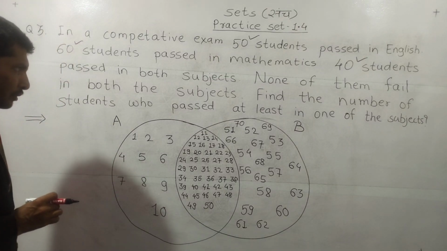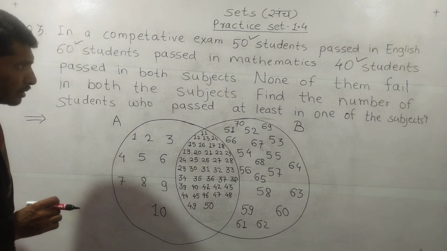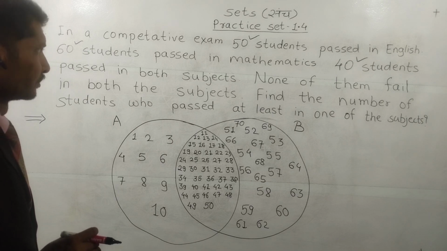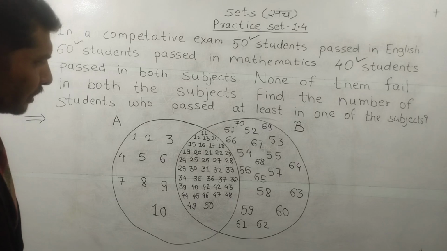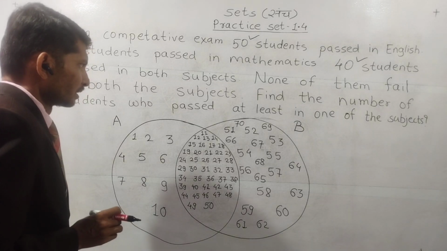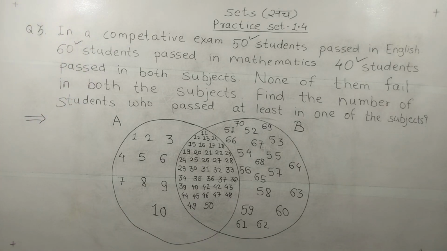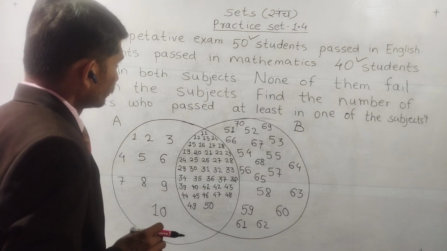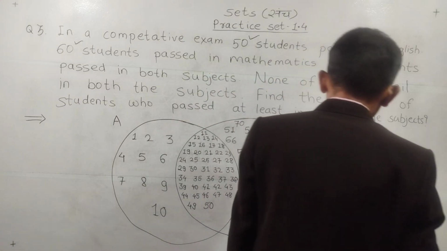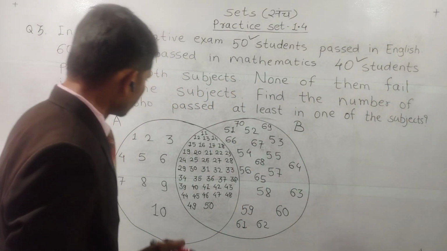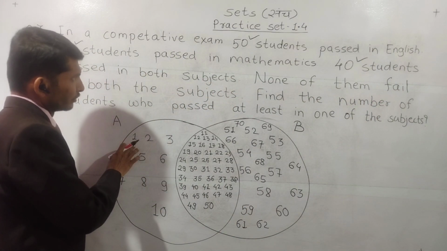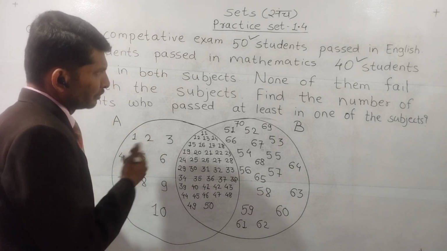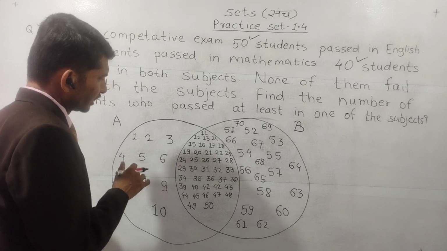So we have to write down the number of students who passed in at least one subject, a minimum of one subject in which the students must have passed. So we have to see these students present in set A who passed in English; maybe they passed in both subjects or maybe at least in one subject.